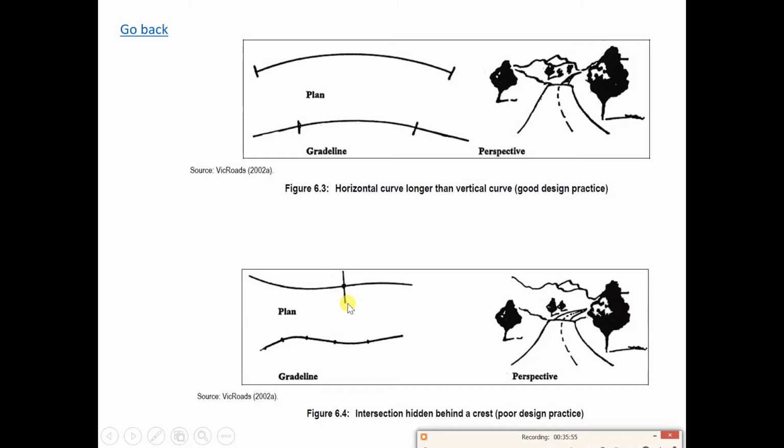There's a crossroad here. So it's not a good practice. The intersection should be within sight. Preferably there shouldn't be a crest before the intersection, so the driver is able to know what is ahead well in advance.